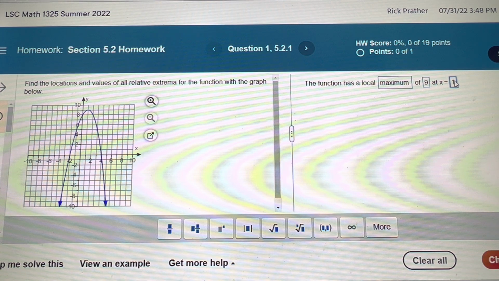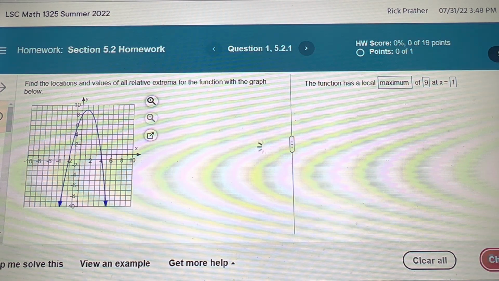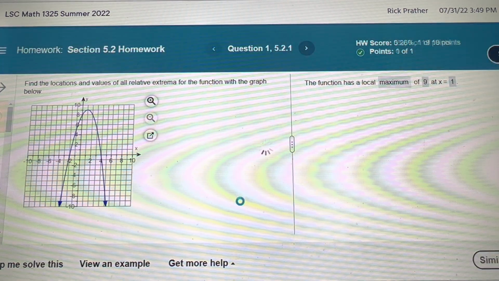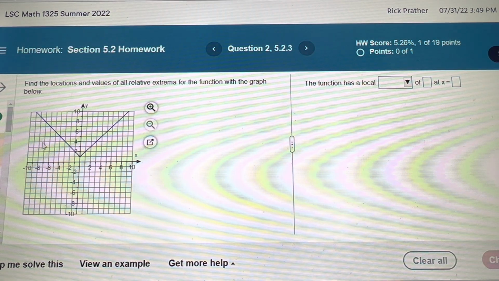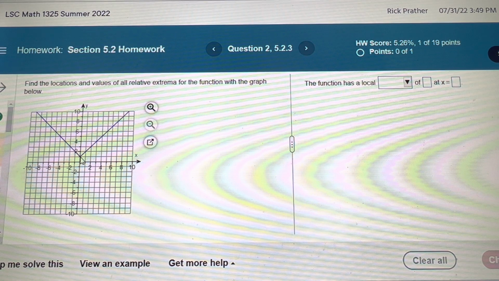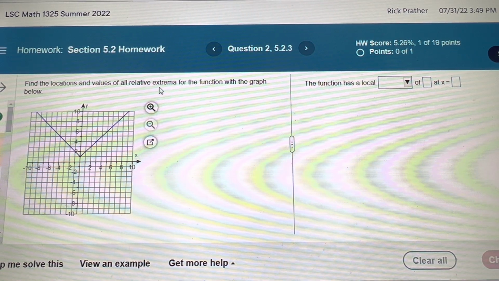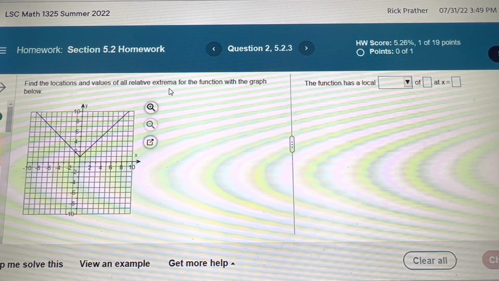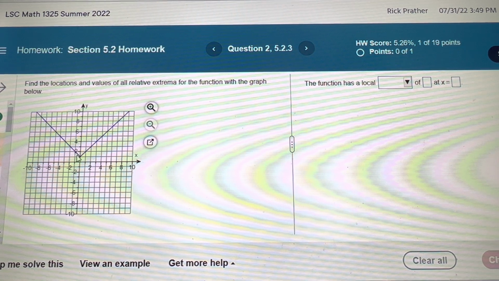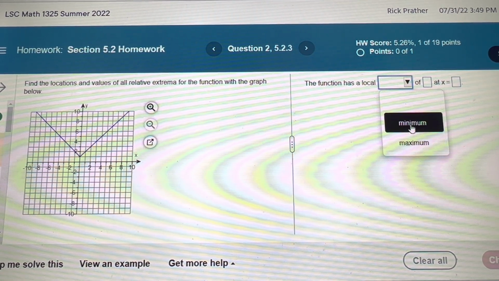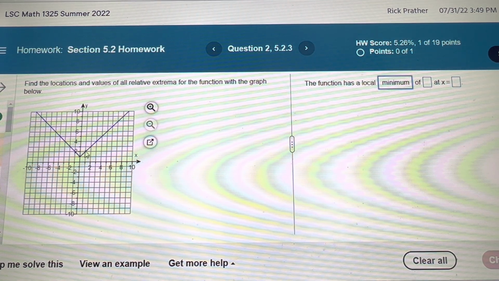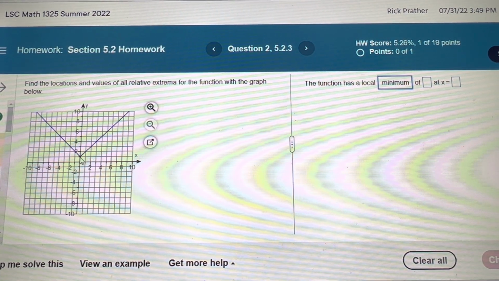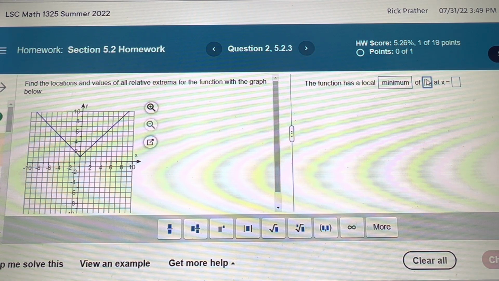And we're first doing this with graphs, and then later we'll do it with derivatives. So now I have a relative minimum. A relative extrema is generic for max or min, but here it's a relative minimum. There's a relative minimum of 1, of is the y-coordinate, 1 at an x of 0.